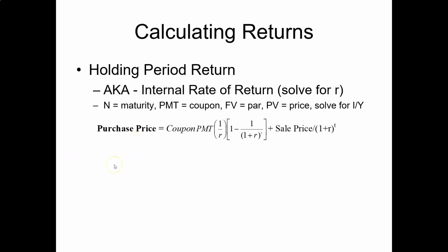In the opposite direction, if we know the market price for holding period 25 years, we know the selling price of selling the bond 25 years later, and we know the coupon payment, the holding period of this bond investment, then we can use this equation to back out the required discount rate.